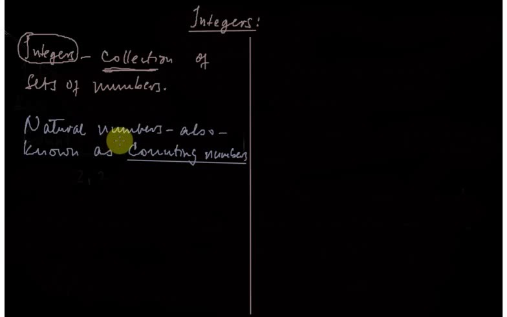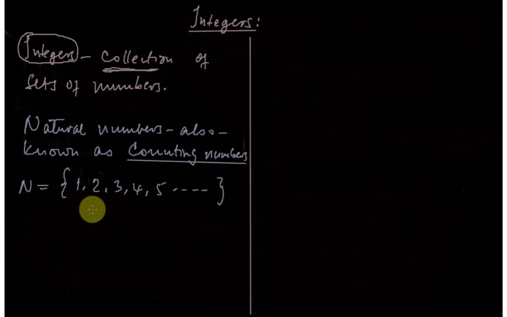So these numbers, natural numbers, is a set of n equal to 1, 2, 3, 4, 5, etc. So it goes, starting from 1, 2, 3, 4, 5, etc. These are what we call counting numbers. Okay?